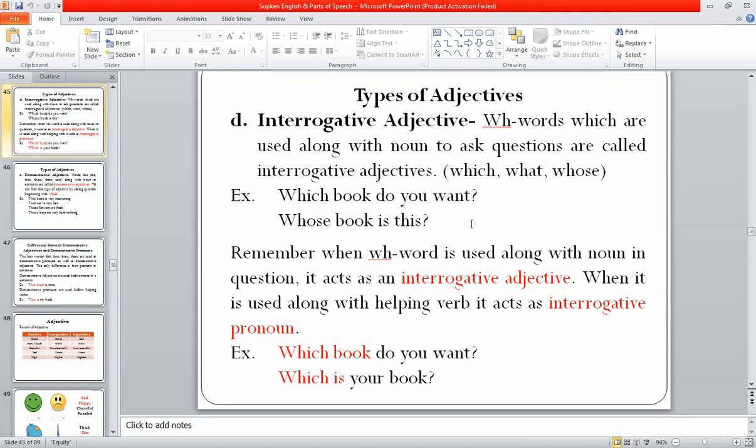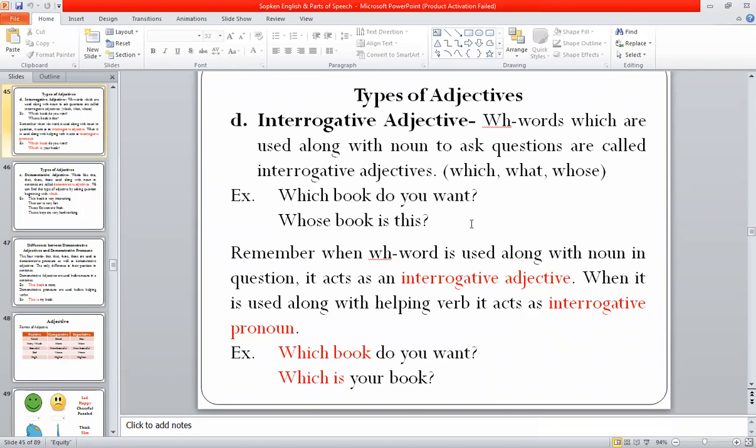This is the trick to find out interrogative adjectives: if the word is followed by a noun, then it is called an interrogative adjective.